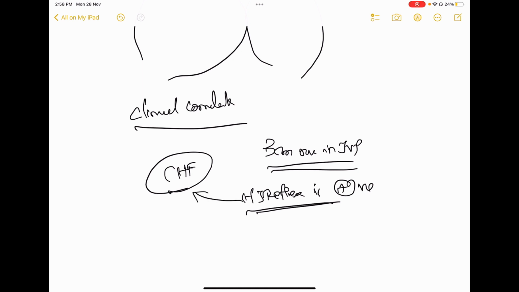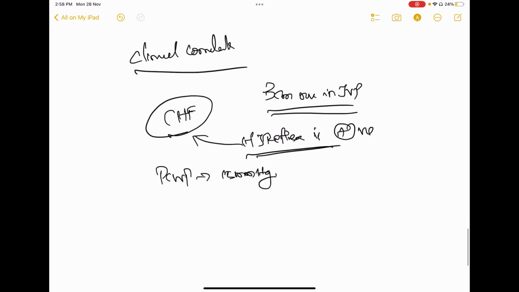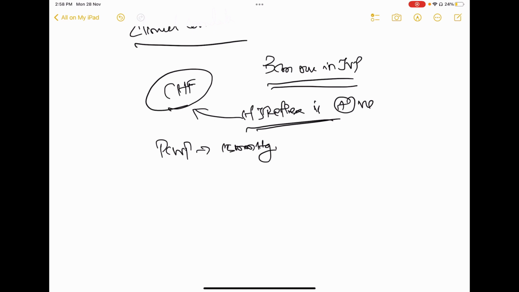So this actually translates to a pulmonary capillary wedge pressure of 15 millimeters of mercury. What do I mean by that? The pulmonary capillary wedge pressure is measured by a catheter called the Swan-Ganz catheter.